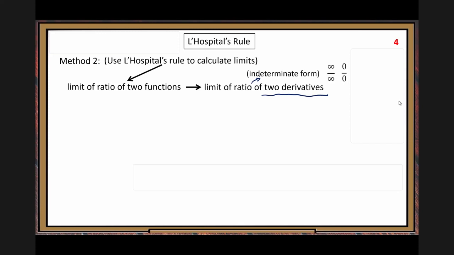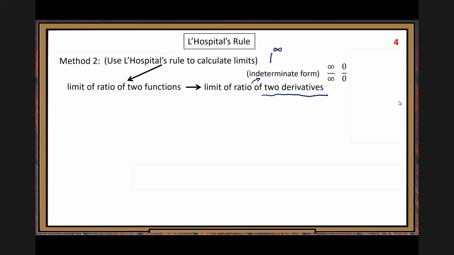If you can remember some material from calculus 2, not calculus 1, calculus 2, you may still remember a few other indeterminate forms, like 1 to the infinity.